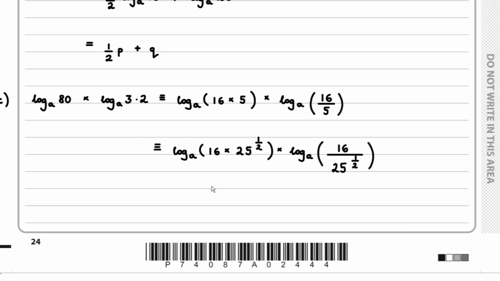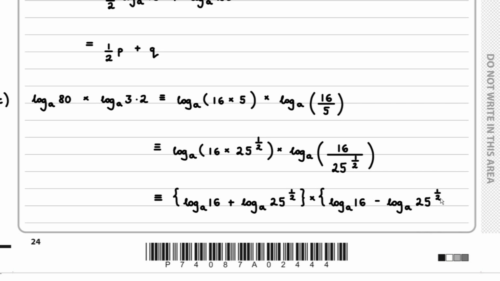So now if we use the addition law of logs and the subtraction law of logs, log base a of 16 multiplied by 25 to the 1/2 is the same as log base a of 16 plus log base a of 25 to the 1/2. And using the subtraction law for log base a of 16 over 25 to the 1/2, we have log base a of 16 subtract log base a of 25 to the 1/2.